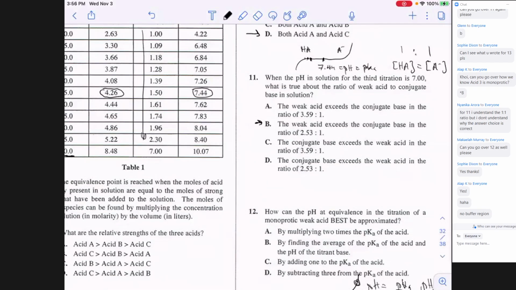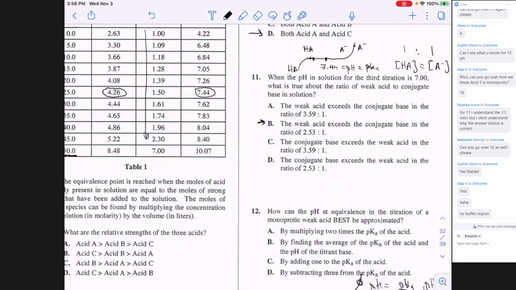Like I said, over here we have more acid, and then over here you have more conjugate base. So the ratio of weak acid to conjugate base is greater on the left side of that half equivalence point. And on the right side of that half equivalence point, the ratio of conjugate base to acid is greater.